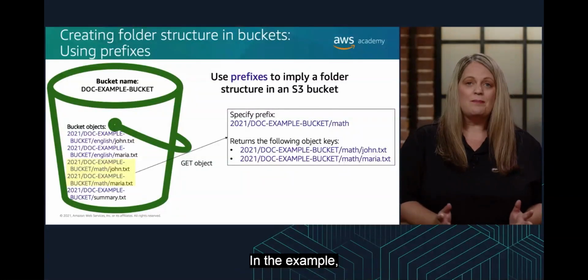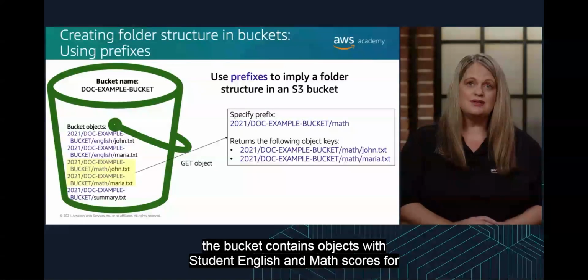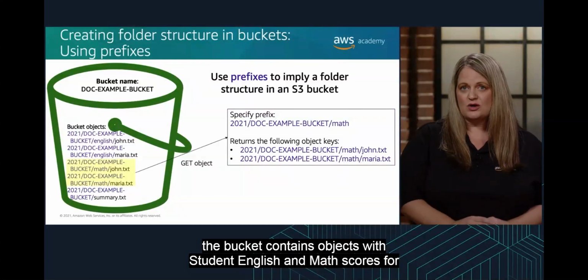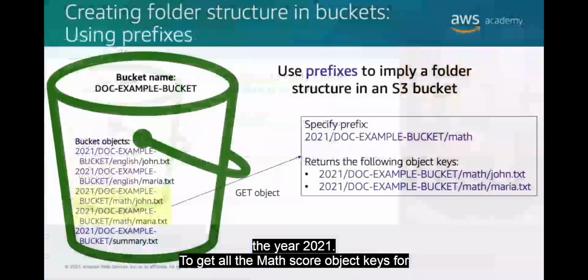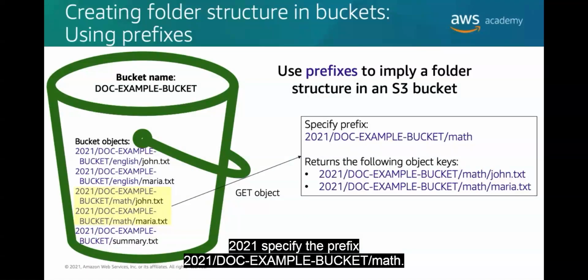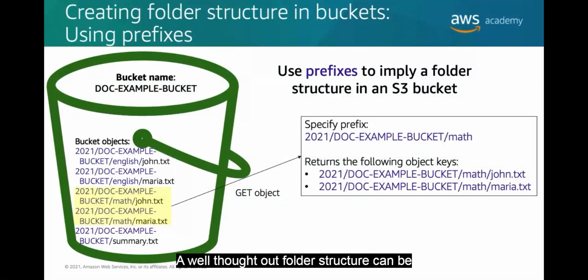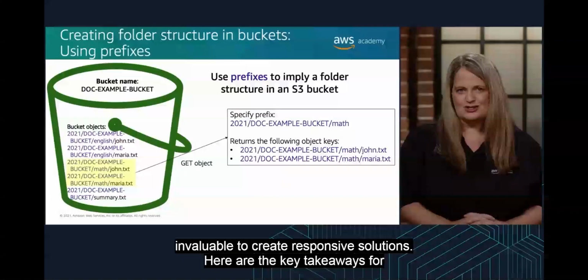In the example, the bucket contains objects with student English and math scores for the year 2021. To get all the math score object keys for 2021, specify the prefix 2021/doc-example-bucket/math. A well thought out folder structure can be invaluable to create responsive solutions.